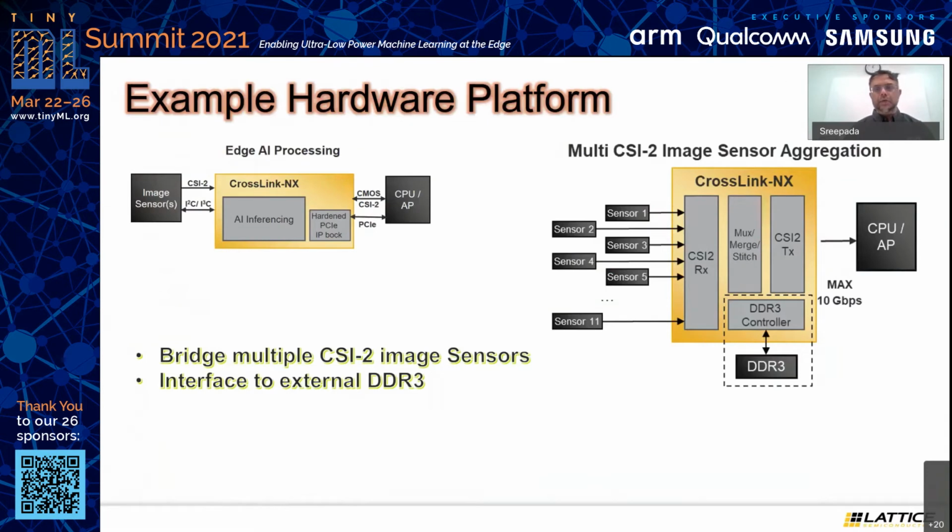Now, to give some flavor of examples of the flexibility at each of these layers in the stack. At the hardware layer, we have different platforms or boards, where even within our FPGA we can do sensor aggregation. We can collect data from multiple sensors, and there are hardened and soft IPs in our FPGA that help with sensor integration.